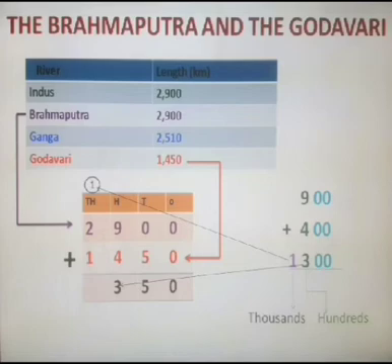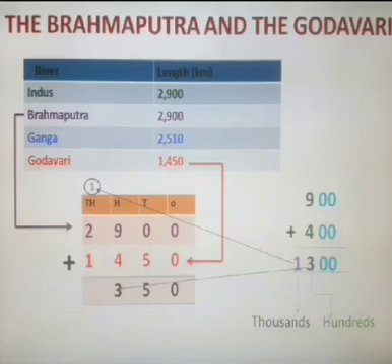Now children, look at the hundreds column. In hundreds column, we have 9 and 4. As these numbers are there in the hundreds column, so let us call these numbers as 900s and 400s. So, on adding 900 and 400, we get 1300.